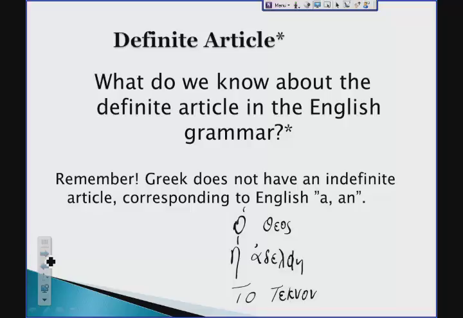So these are all the second declension, and then the first declension, and then second declension again. Okay? Are we fine? Good.